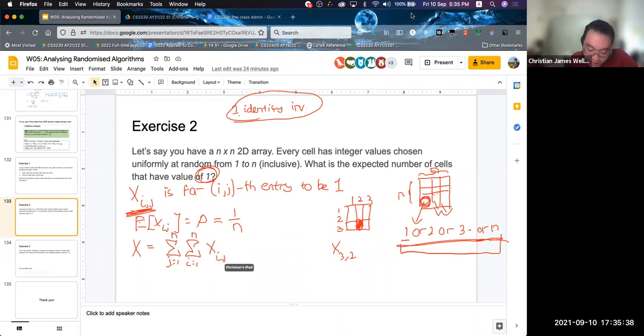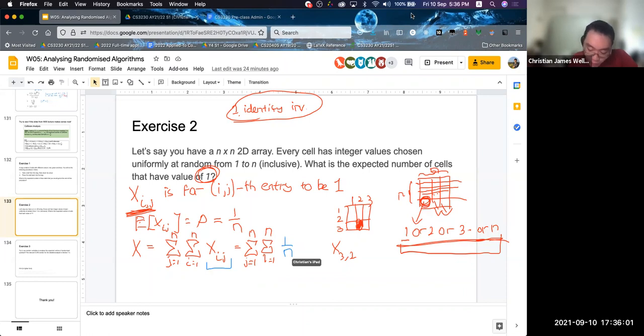This is Xij, going through every row, every row, every row. I'll copy this, i equals 1 to n. This thing equals 1 over n.